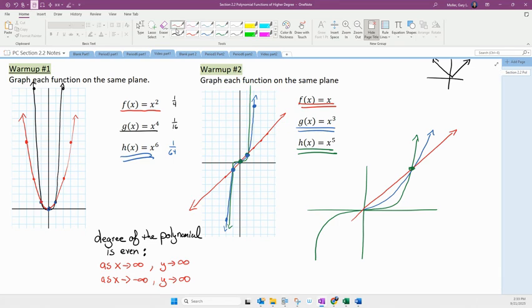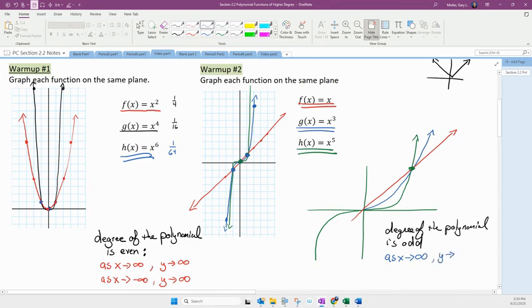And if we come over here and look at a degree of the polynomial that is odd, what do we see happening? As x goes to infinity, y goes to infinity.